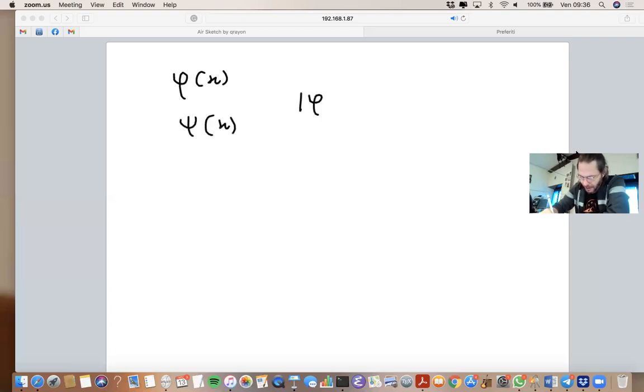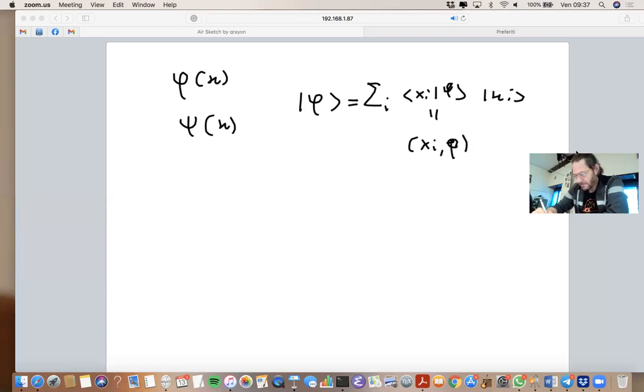Because I've mapped state phi, I expand onto the basis of positions, for instance, and then I take the inner product of positions with my state phi, right? This inner product, which we can also represent with the second notation we just introduced, is the projection of the state phi on position representation. It is called the wave function, right?